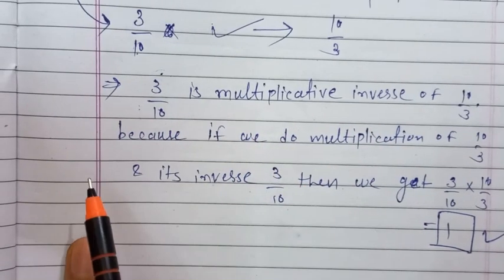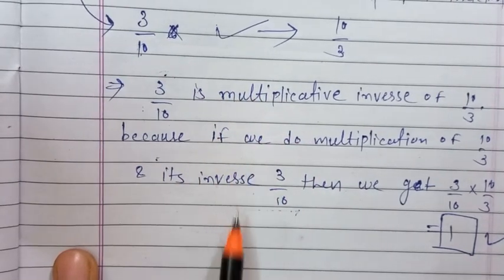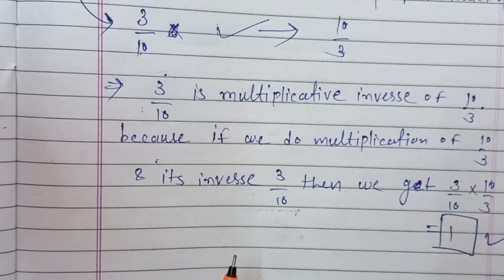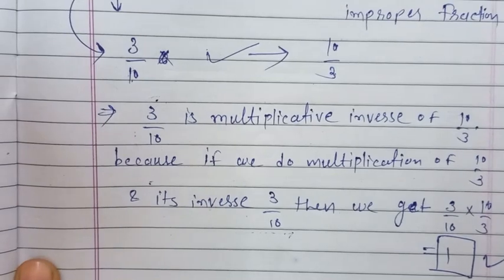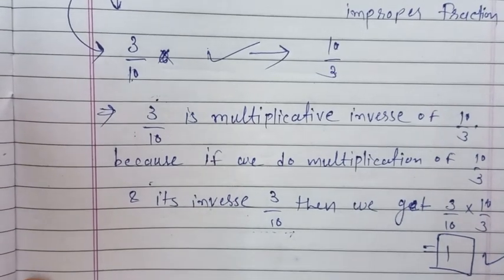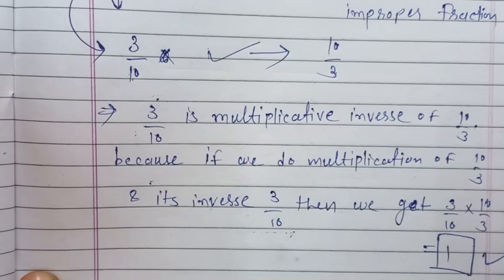And in the previous question we should write like this. Okay, what was the question? The question was that 8 by 9 is the multiplicative inverse of -1 by 8. And we checked that 8 by 9 is not the multiplicative inverse of -1 by 8, and it is an improper fraction, and we converted it into -9 by 8.